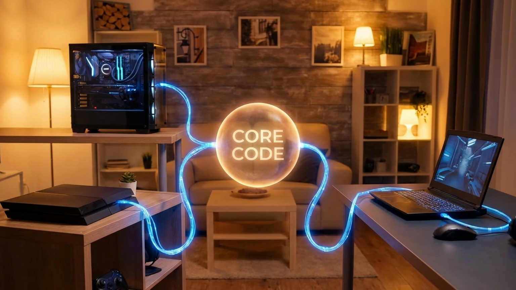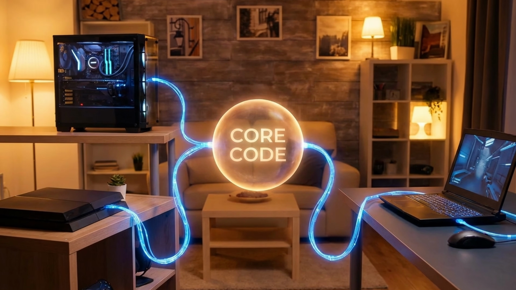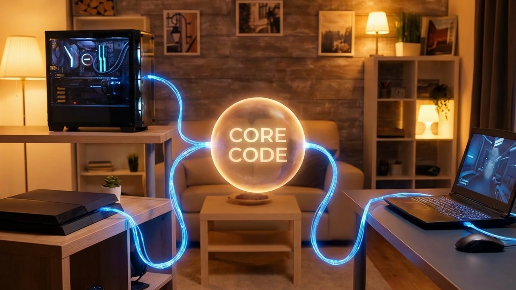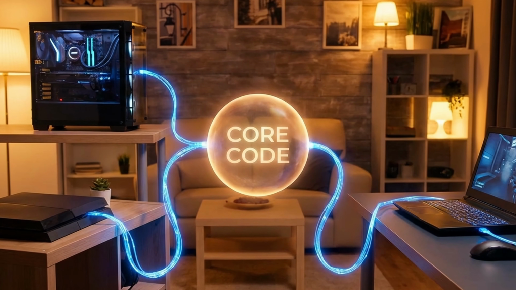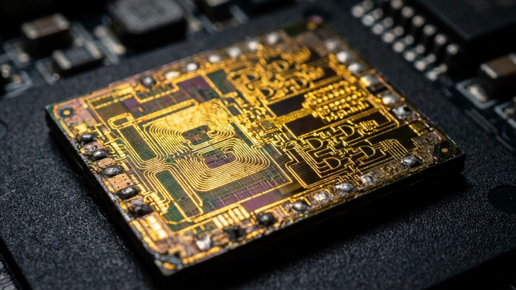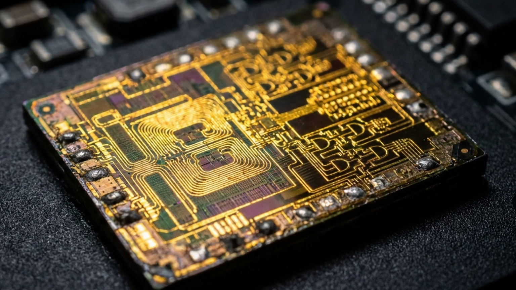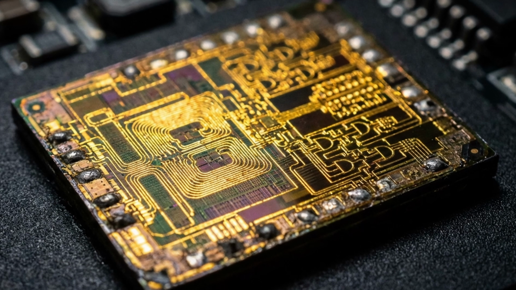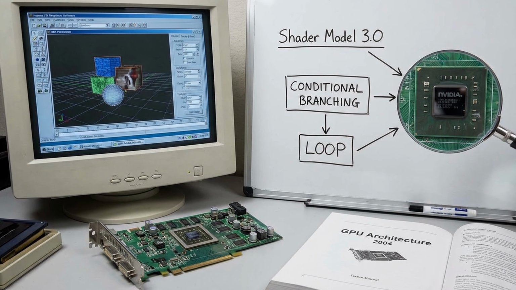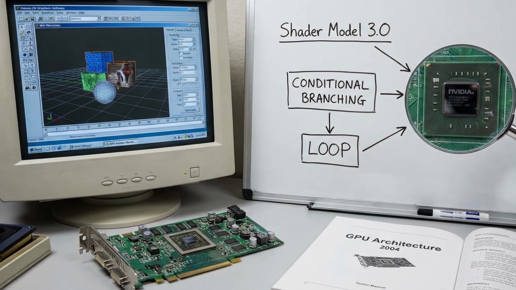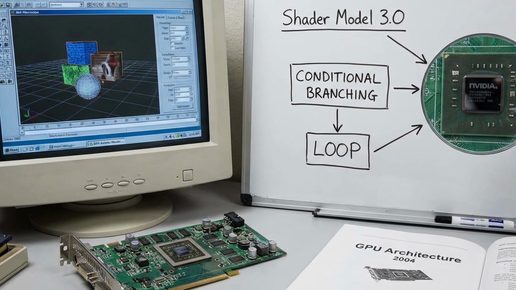HLSL and Cg made shader programming vastly more accessible, allowing artists and programmers to easily port their custom visual effects across different platforms, operating systems, and console hardware. As a result, the industry saw an explosion in graphical innovation, culminating in the era of smart shaders introduced by Shader Model 3.0 in 2004, which granted the GPU the ability to execute true dynamic flow control, such as conditional branching and looping logic, directly on the silicon.